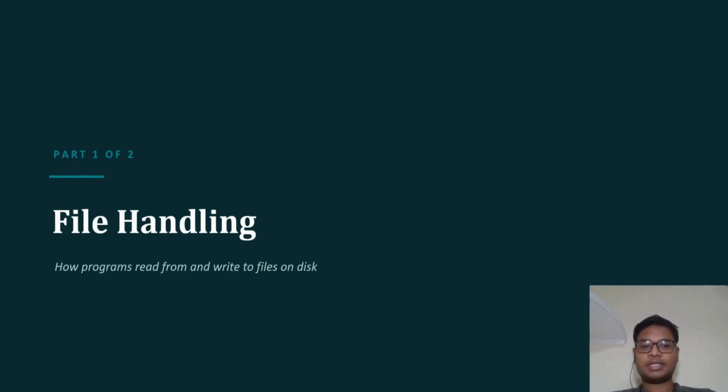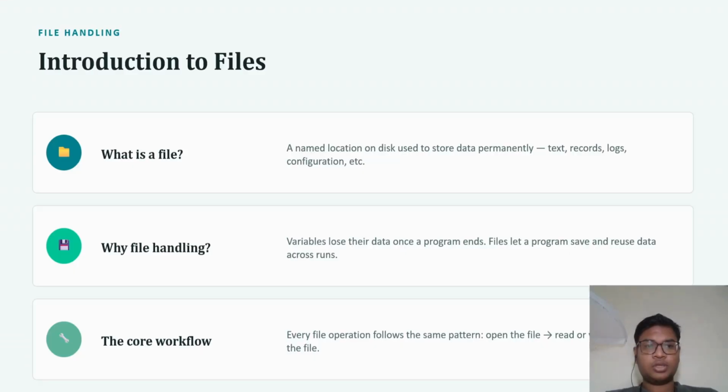The first part is file handling. In file handling, how do programs read from and write to files on disk? Let's talk about it. First of all, let's talk about the introduction to files. What is a file?